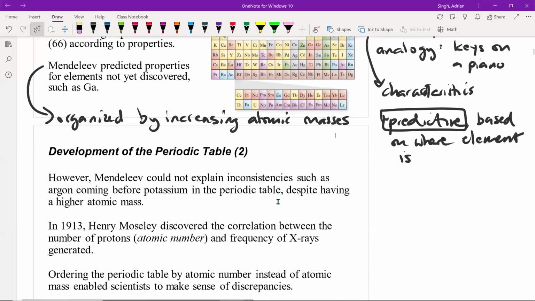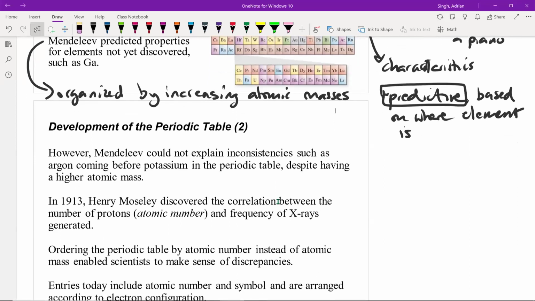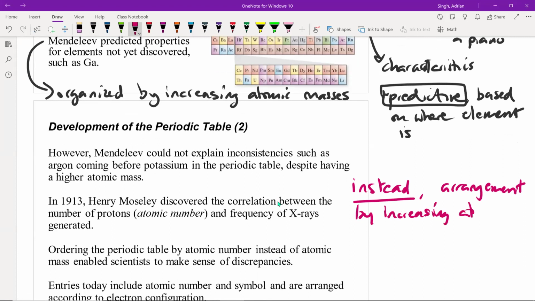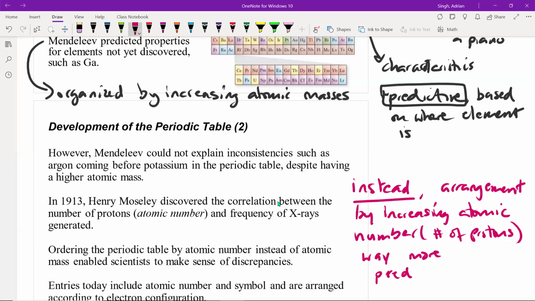What was discovered was that instead of arranging the elements by increasing atomic mass, if you arrange them by increasing atomic number, and if you recall, atomic number is the same as the number of protons, it was way more predictive, or periodic, I guess would be the term.